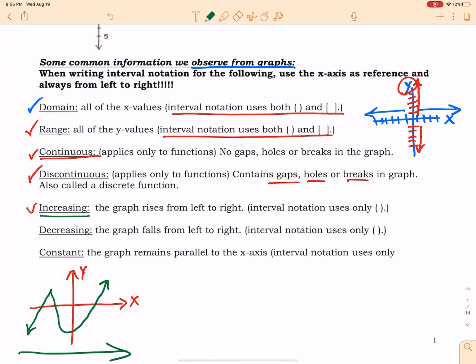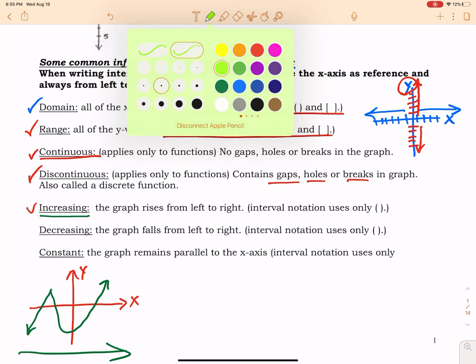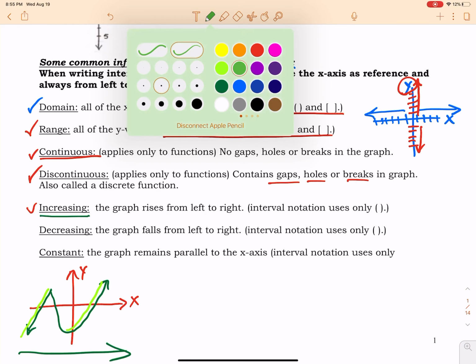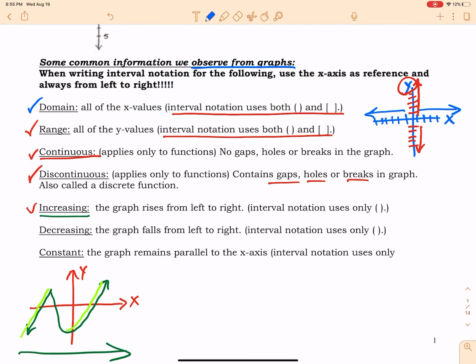We read it this way, just like we would a book. So if you'll notice this, I'm going to use a different color here. If you'll notice, it's increasing here and here, but it's decreasing from here to here.